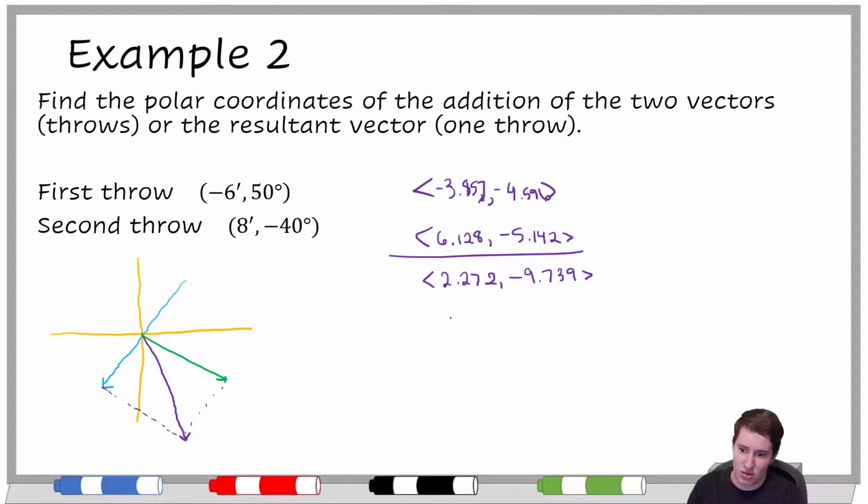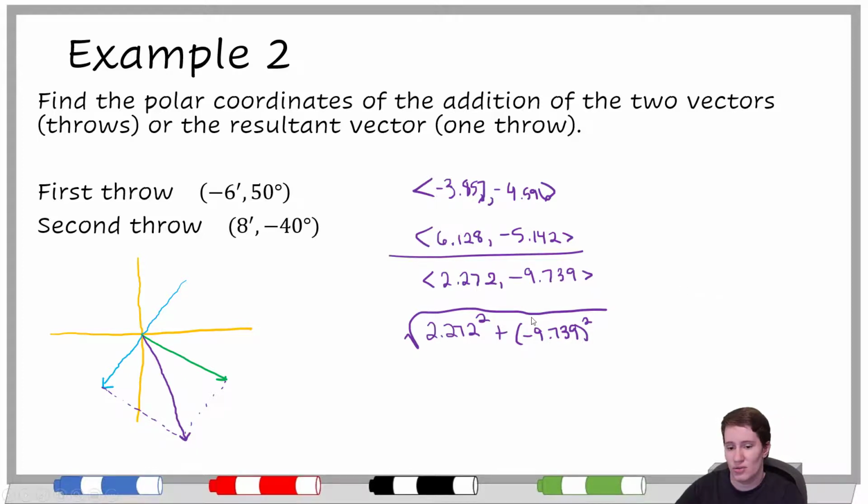Now let's convert this to polar coordinates. Now, when we're doing the Pythagorean theorem and we're squaring this negative number, you either need to put it inside parentheses with your squared on the outside, or you need to just not put the negative at all. Because if you leave out these parentheses, the negative doesn't get squared, and it's supposed to get squared.